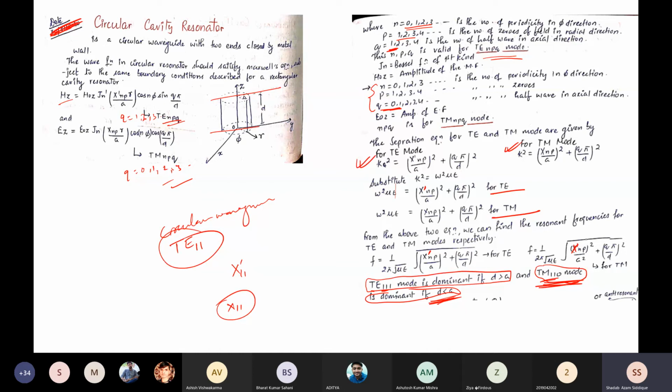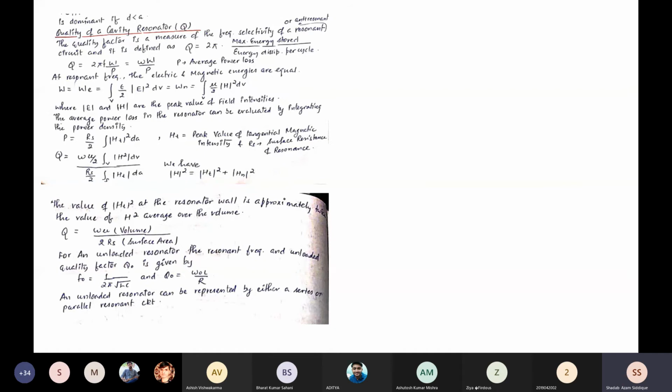So now we have the quality factor, or you can say quality of the cavity resonator. It is represented by capital Q, which is called the quality factor. Before going to the quality factor, let me tell you about one more type of cavity resonator, that is called the semicircular cavity resonator.